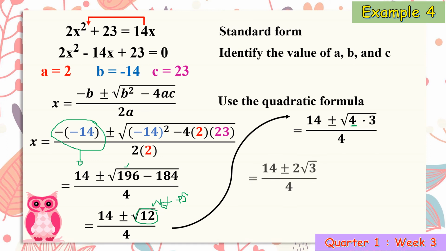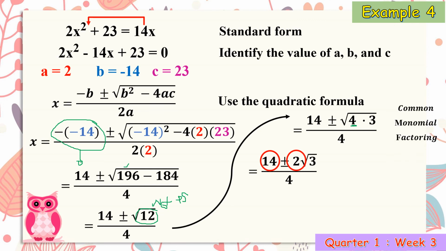Then afterwards, we get the square root of 4. So the square root of 4, which is 2, goes outside. So we get here 14 plus minus 2 square root of 3 all over 4. And then you have to get the common factor between 14 and 2. We apply common monomial factoring.